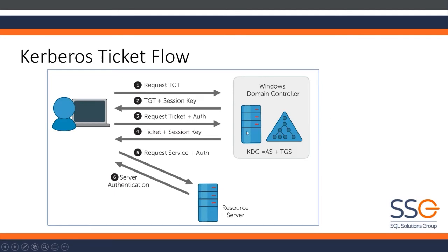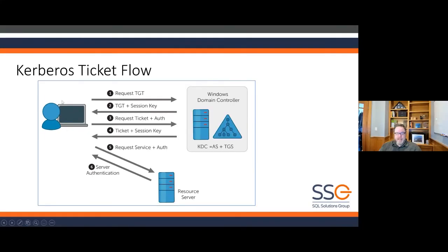And now the ticket granting service is going to say, okay, I know this user is authenticated, but are they authorized to use the resource they're asking for? Yes, they are. It then sends that ticket. Now the identity can go directly to the service and say, hey, I have this ticket that says I'm allowed to access you, and it says, awesome, go for it, right?